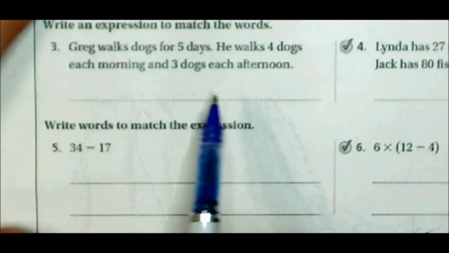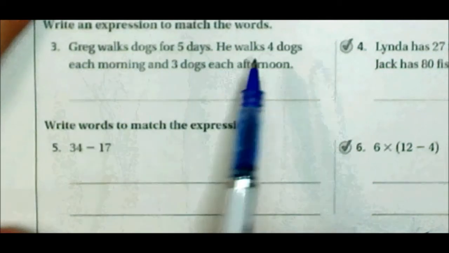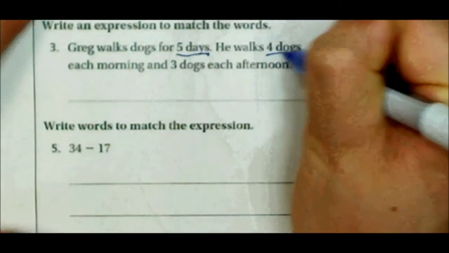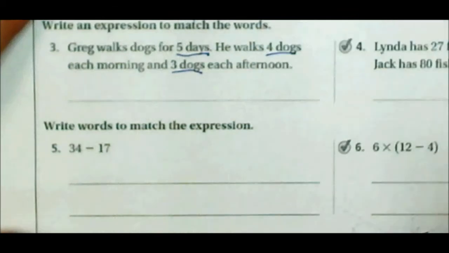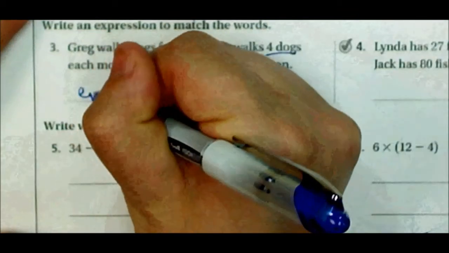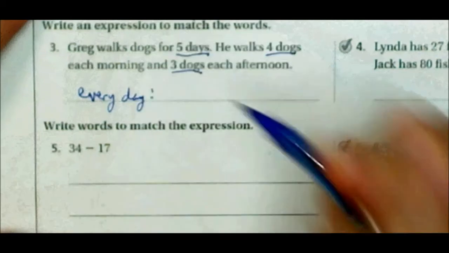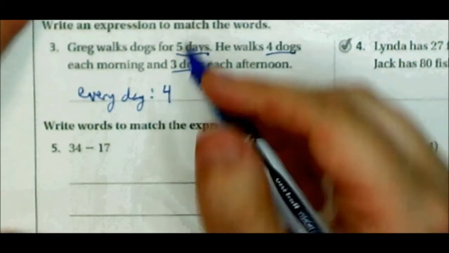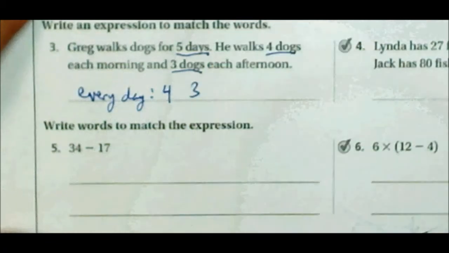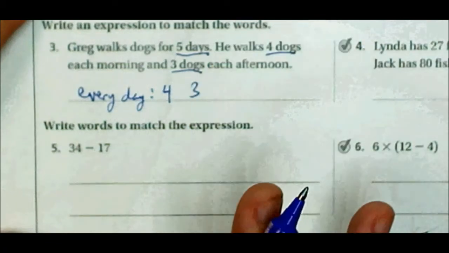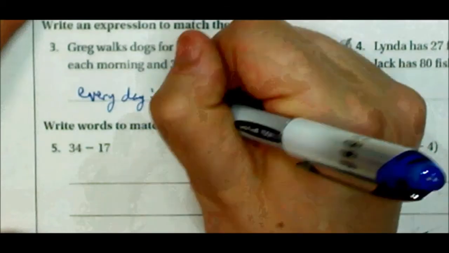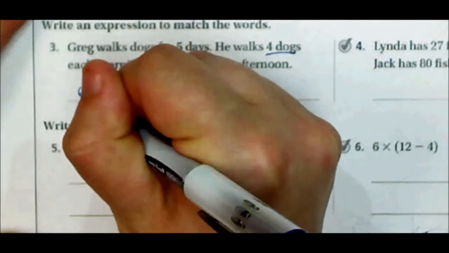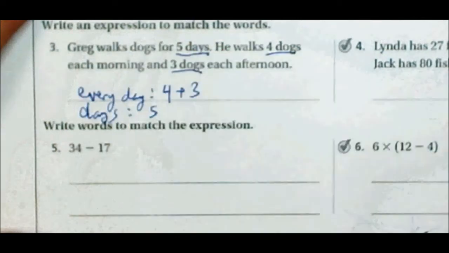So now I have another story problem, and I need to make it into a numerical expression. It doesn't give me choices this time, so I have to figure it out. Greg walks dogs for 5 days. He walks 4 dogs each morning and 3 dogs each afternoon. So let's look at what he does every day. He walks 4 dogs every day in the morning. And he walks 3 dogs every day in the afternoon. So if I want to know all the dogs that he walks in one day, I would take these and add them together, okay? And then the number of days that he does this is 5 days.